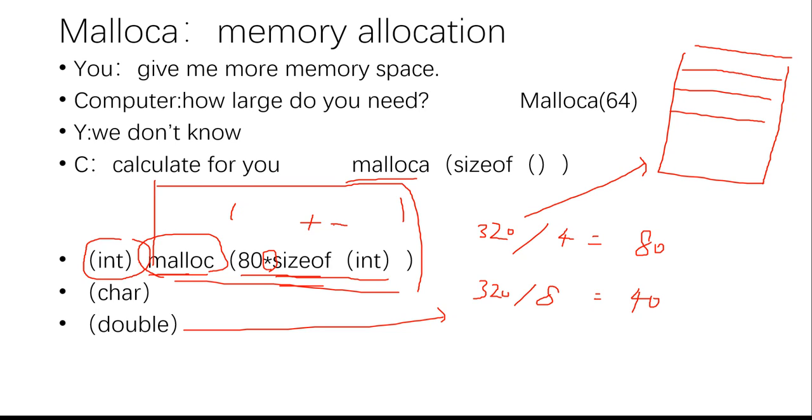Then you need to divide it into small pieces, and how to divide and into how many is your decision. So just ask the computer to divide, how large is each small piece. Then you will have these small pieces of memory for your storage. Okay, so that's about the malloc order.